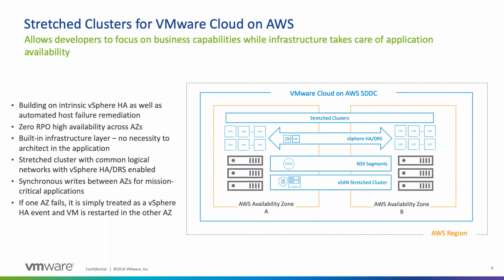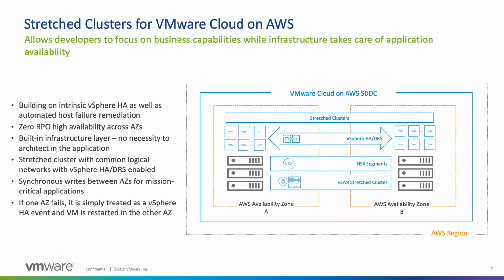And so the way we do this is we use the vSAN stretch cluster capability, and we stretch the networks with NSX, we stretch the data store with vSAN, and we implement a stretch cluster across 2 availability zones.